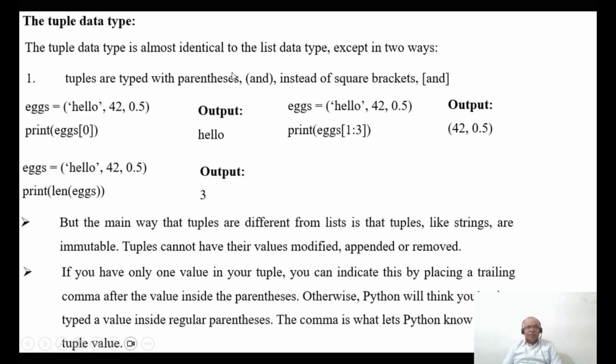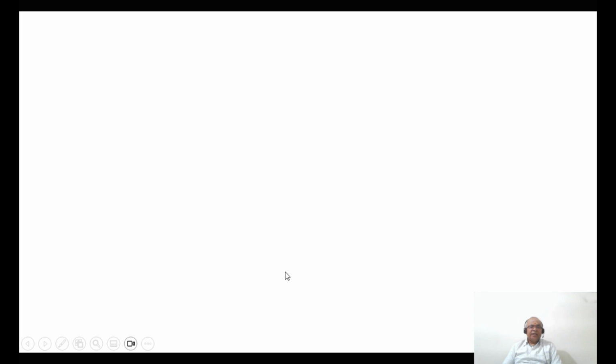The one thing that is more important here is if you have only one value in your tuple. What does it mean? Suppose you type hello. Here you have only one value. So the outer parenthesis is for the print function, the next parenthesis is for type, and the last one is for the tuple. So what is the type of this?